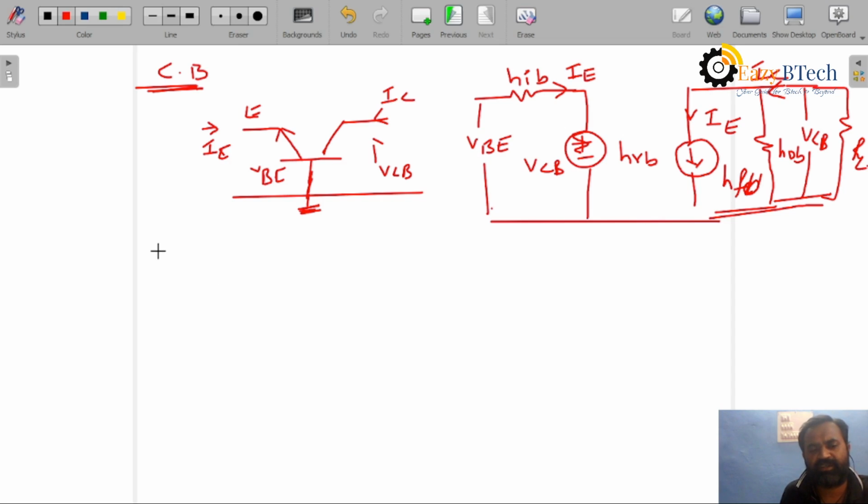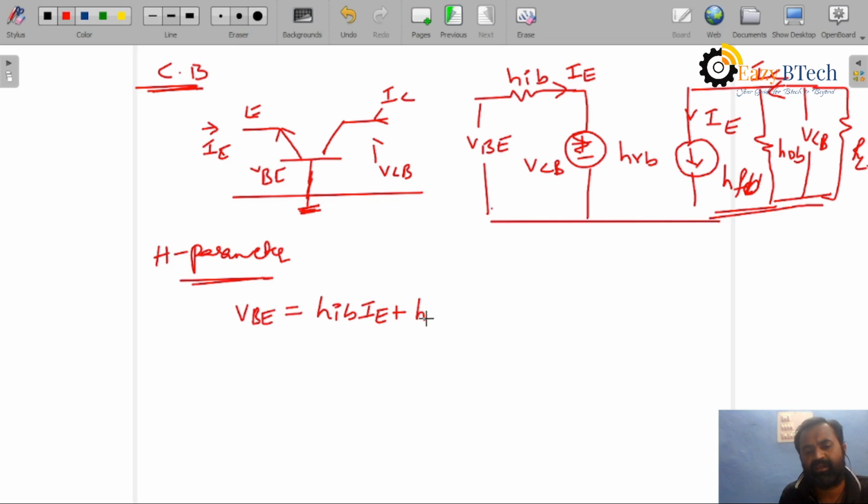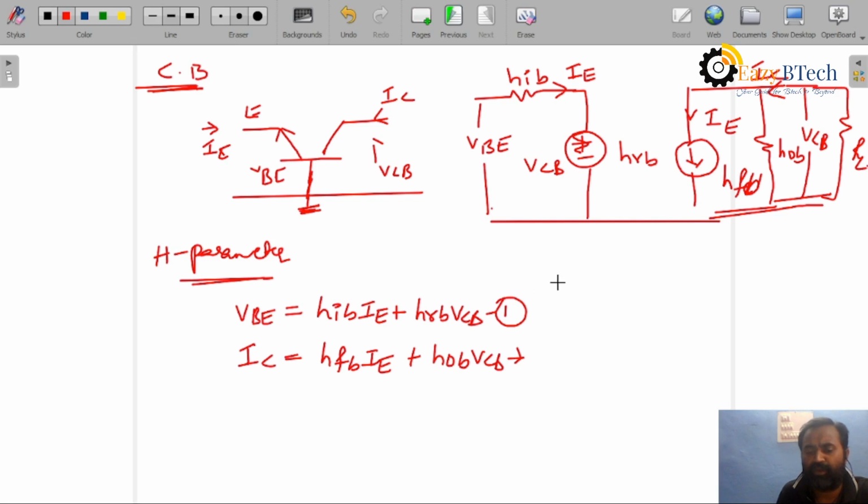And this H parameter equation: VBE is equal to HIB IE plus HRB VCB. IC is equal to HFB IE plus H0B VCB. And typically, input impedance for common base is very low, that is 22 ohm.